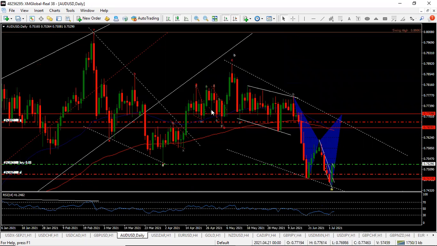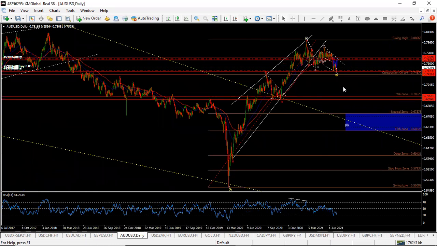No, now we're doing C leg because this is B. So we are respecting this high. So expecting the market to come again for this, A, B, C, and then we're expecting A, B for another leg. Then we come down again. So it's like a descending channel.